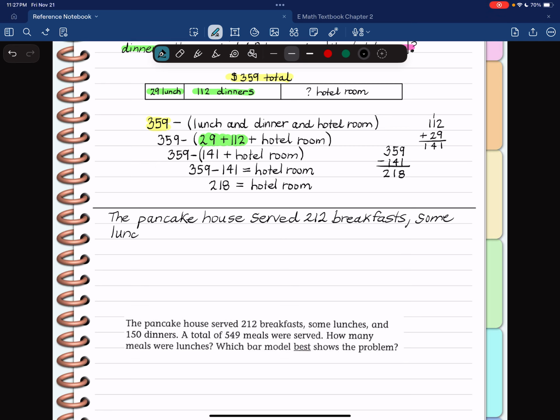So that lunch number is unknown. And 150 dinners. I could eat pancakes for dinner.